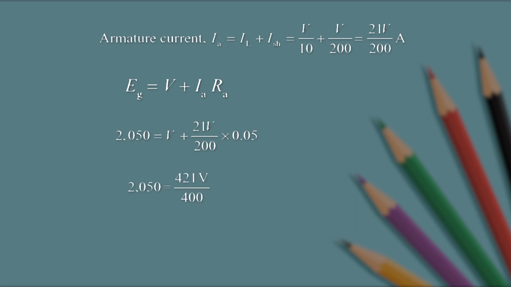So after solving, you will be able to write the expression like 2050 equal to 421 V upon 400. So V equals 2050 multiplied by 400 upon 421. So it comes to 1947.74 volt. Now the second example we are going to discuss.